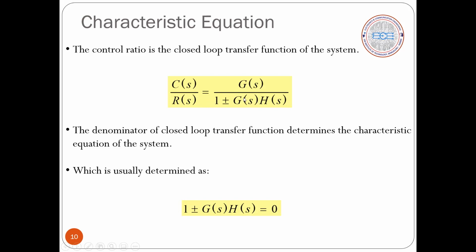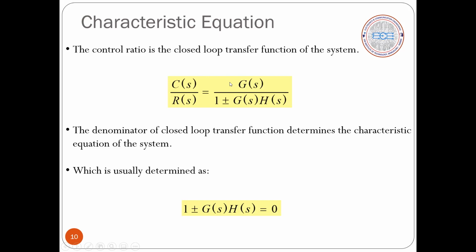Why do we call this a characteristic equation? Because this gives us the poles of the system. Poles are the points at which the system gains a very high value. That is what is important. Whereas the numerator will have zeros.